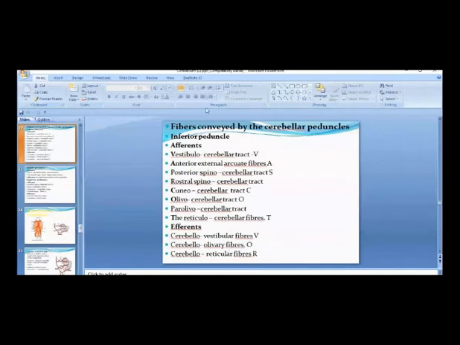So just remember in the inferior there are many, so inferior is very important. Make the formula as VASCOT: vestibulocerebellar, anterior external arcuate, posterior spinal, rostral spinal, whereas anterior is present in superior. So this will be again the MCQ question. Cuneo-olivo-reticular. Efferent is VOR: cerebellovestibular, cerebello-olivary, cerebello-reticular.